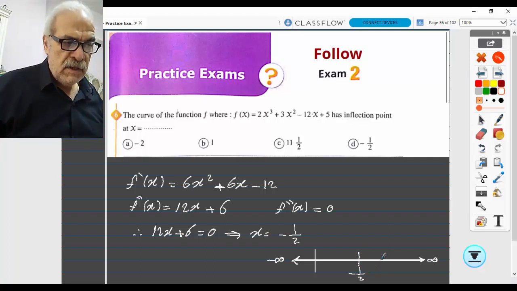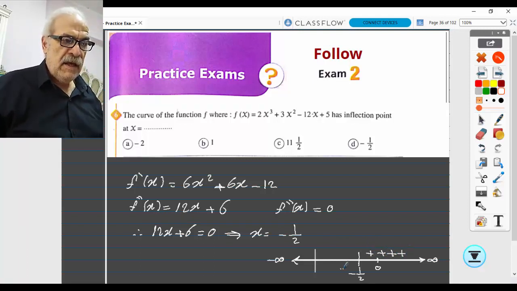Substituting x equals 0, it is greater than negative half, so f double dash of 0 equals positive 6. So here we have positive, and substitute x equals negative 2, less than negative half.